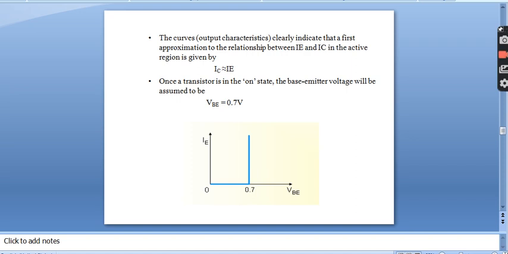After this cutoff voltage, as we change VBE, the IE is going to change. This is our output characteristics.